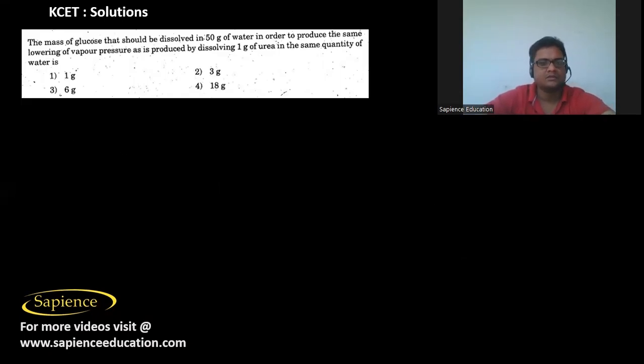Then here it is told the mass of glucose that should be dissolved in 50 gram of water in order to produce the same lowering of vapor pressure as is produced by dissolving 1 gram of urea in the same quantity of water is.